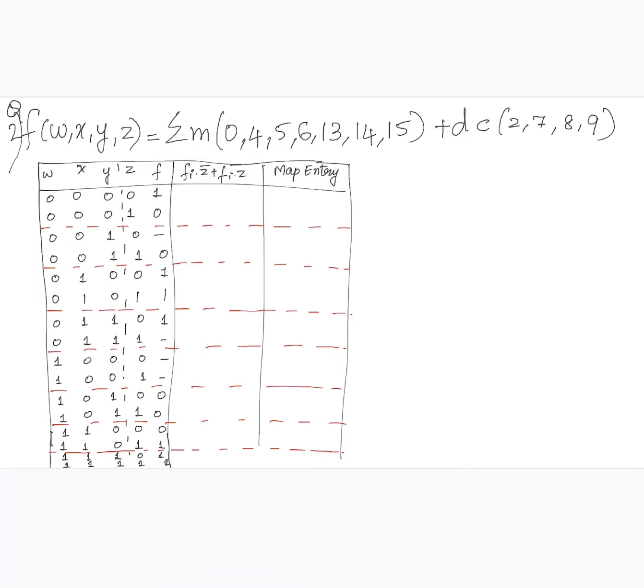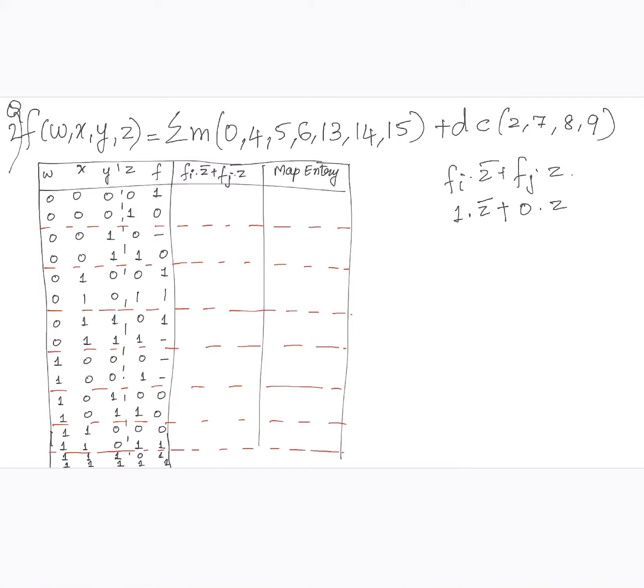Now in order to find out fi dot z bar plus fj dot z: the first value is 1, fi value is 1, so 1 into z bar plus fj value is 0, so 0 into z.